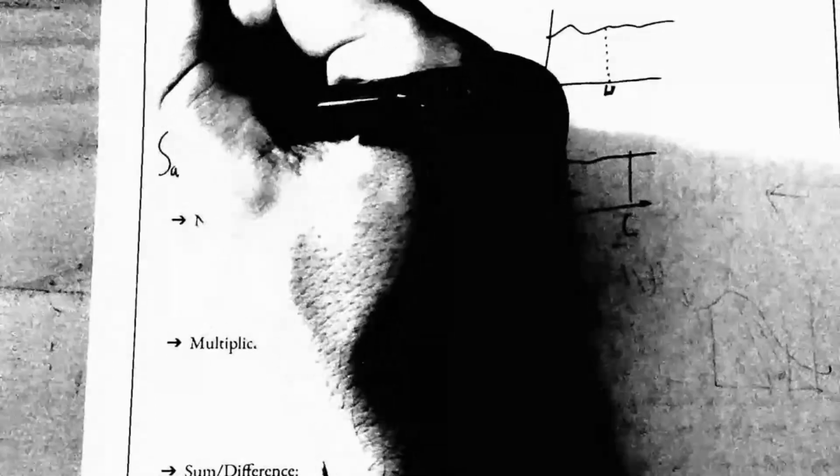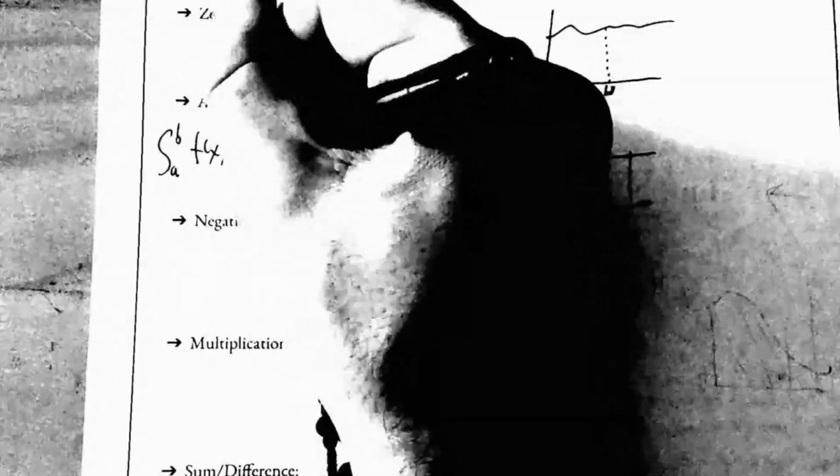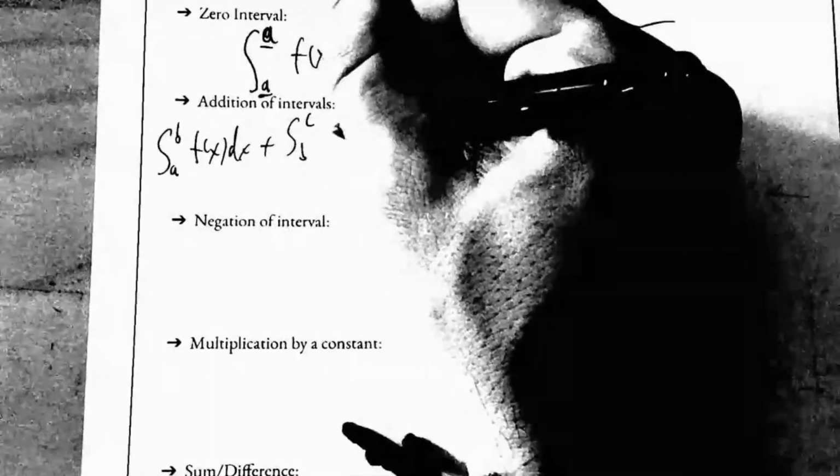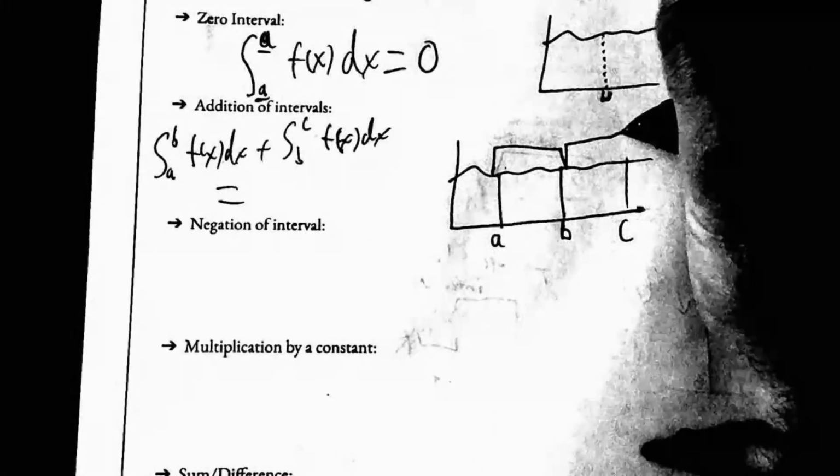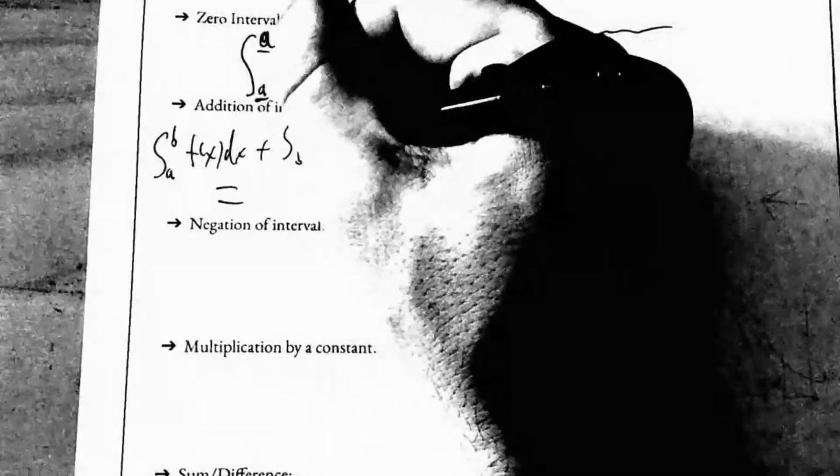Okay. Next is addition of integrals. So this is saying that if you have two integrals, let's say we have a, b, and c, then if I have the integral of a to b f of x dx, and I add the integral of b to c f of x dx, so I've got a to b, and I'm adding b to c, then together, that's the same thing as the integral of a to c f of x dx.